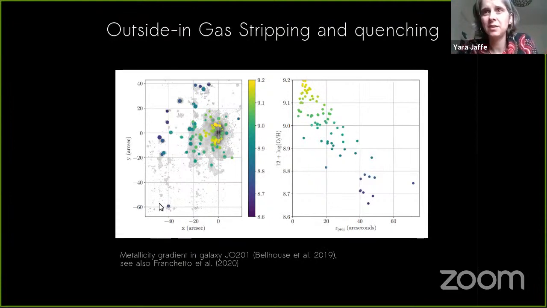In this very long tail we have essentially the same metallicity, which we associate with the outer part of the galaxy that got stripped first. Here it's a different view of the same thing. You have the metallicity plotted as a function of distance from the cluster center, and you have the lowest metallicities at the outer parts.